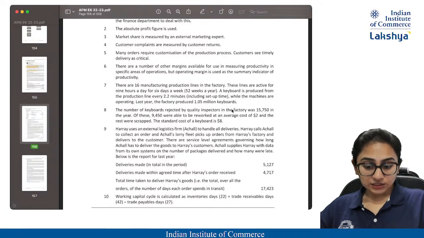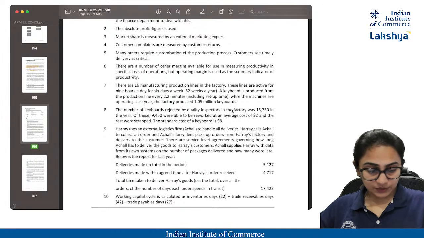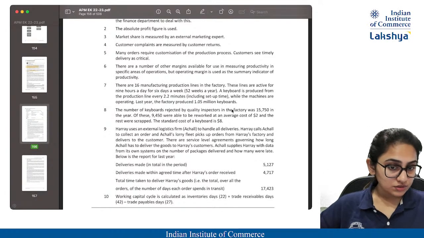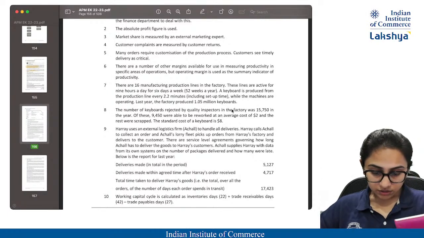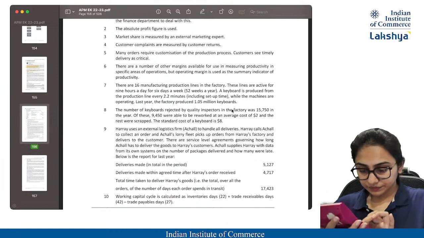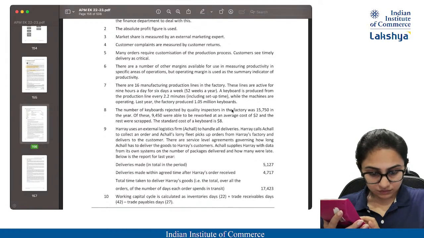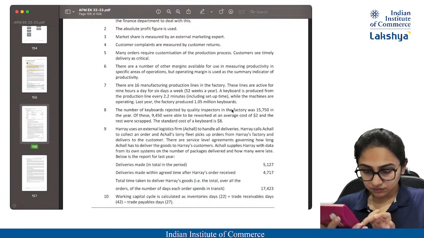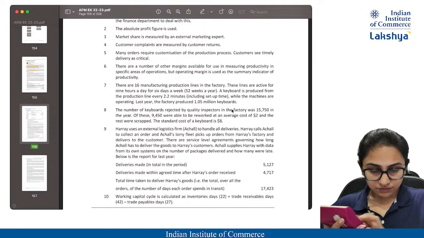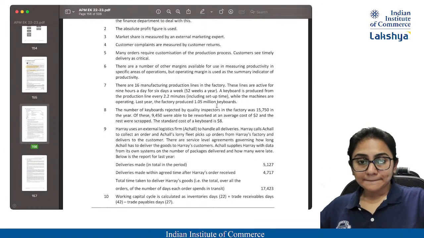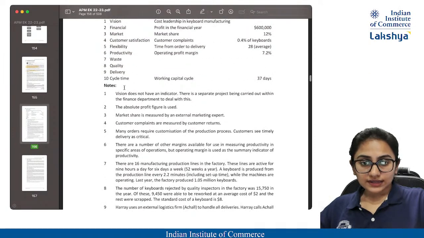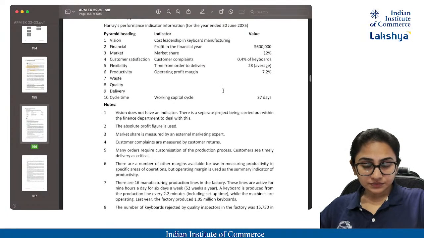Let's write the data on cycle time that we've just calculated, and the cycle time is 37 days, which we have already calculated.